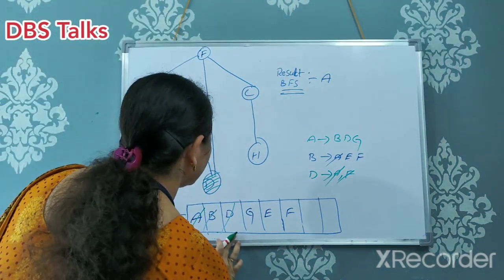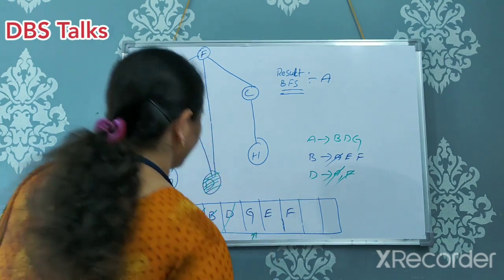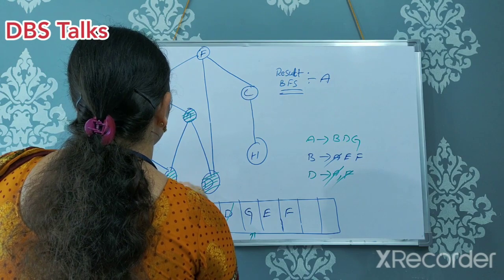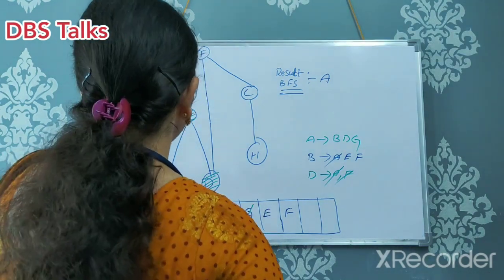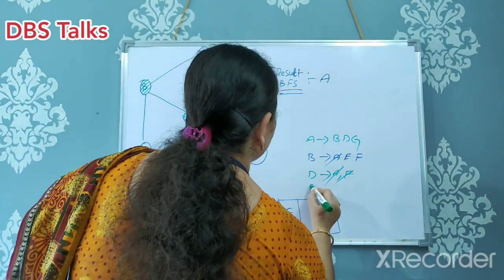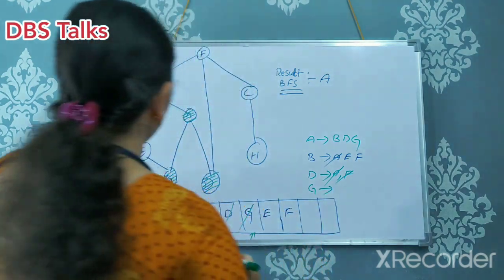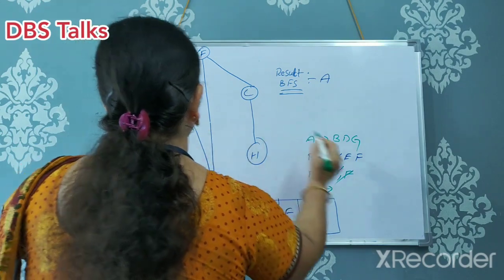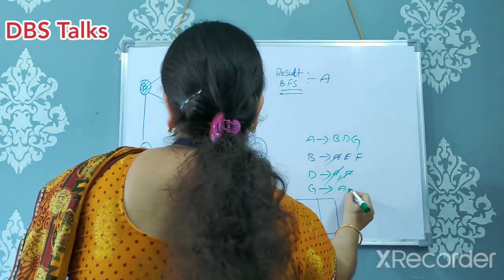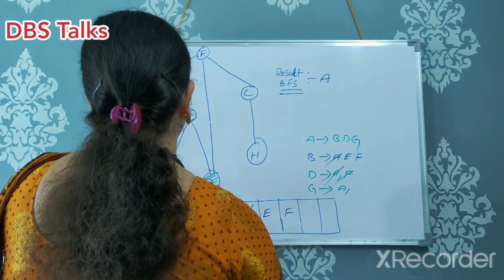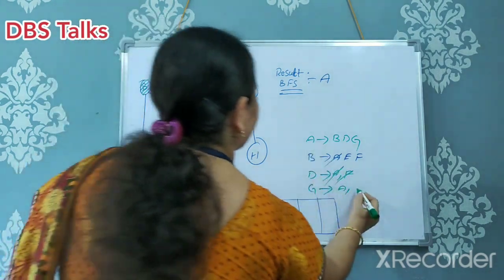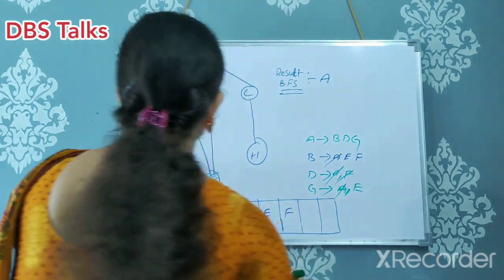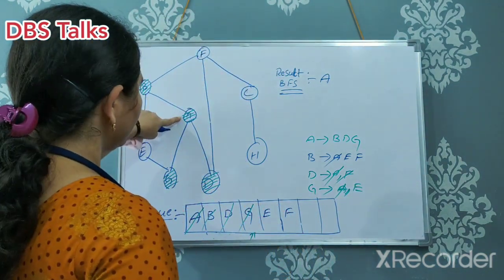Next, what is the next element in Q? G. We dequeue G. What are the unvisited adjacent elements of G? The adjacent elements of G are A and E. A is already visited.